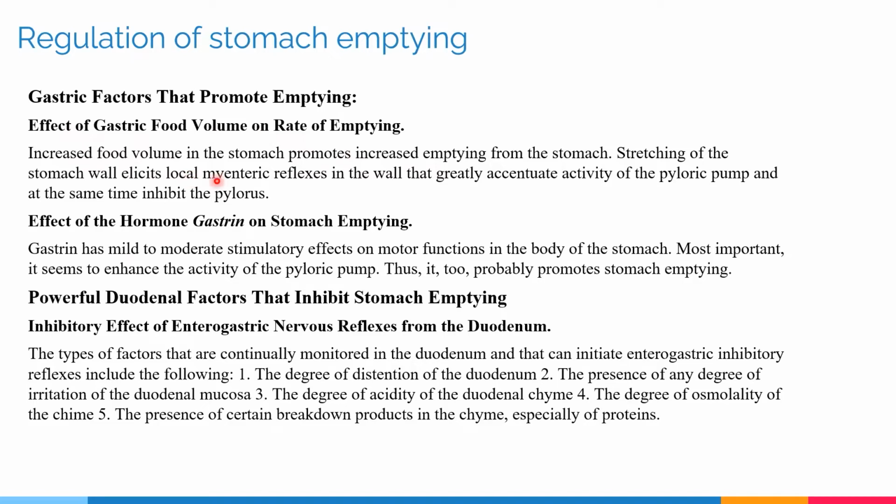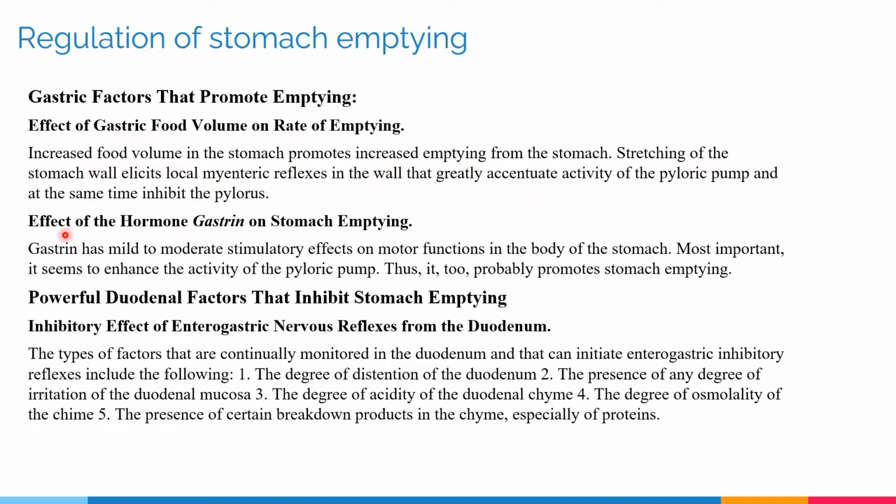Increased food volume in the stomach promotes increased emptying from the stomach. Stretching of the stomach wall elicits local myenteric reflexes in the wall that greatly accentuate activity of the pyloric pump and at the same time inhibit the pylorus.